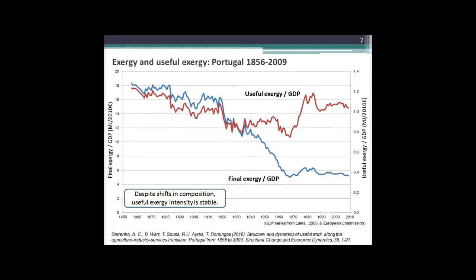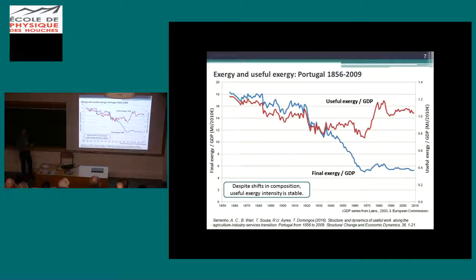There have been several studies on individual countries and groups of countries regarding useful exergy accounting in the long run. For Portugal, this has been done in the past 150 years by a former colleague of mine, André Serrain. One of the more interesting results he found was that throughout these 150 years in Portuguese history, there have been dramatic shifts in the Portuguese economy, as well as shifts in the consumption of energy in the Portuguese economy.